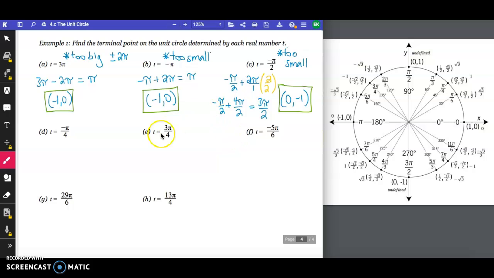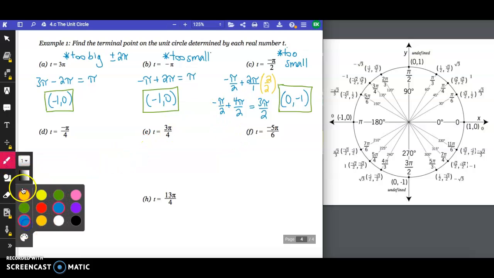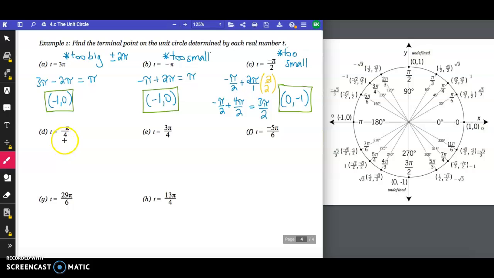Beautiful. All right, let's start working with some more difficult or less plain angles that end up on just our coordinate or our intercepts. So negative pi over 4, that's too small. So I'm going to go ahead and add 2 pi to that. So I'll do negative pi over 4 plus 2 pi.